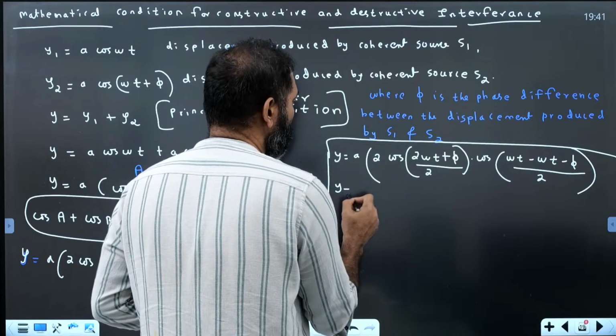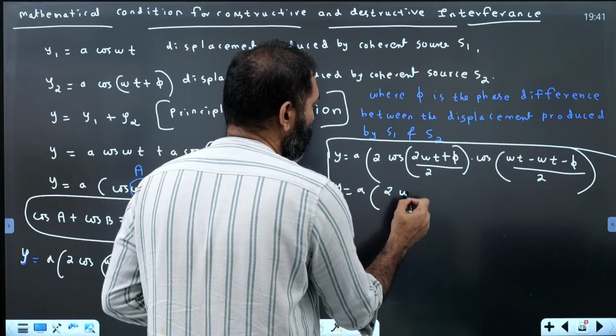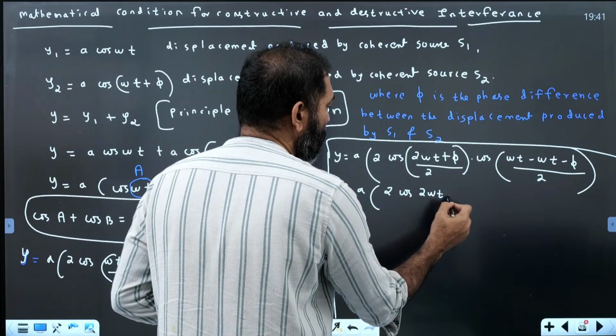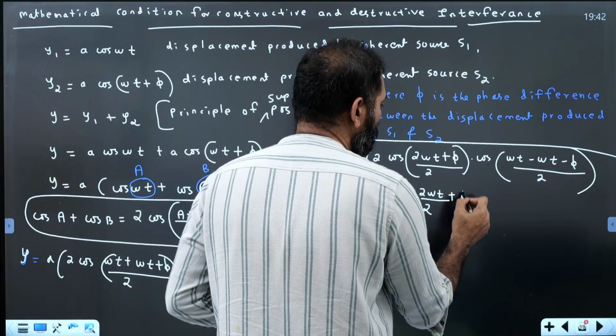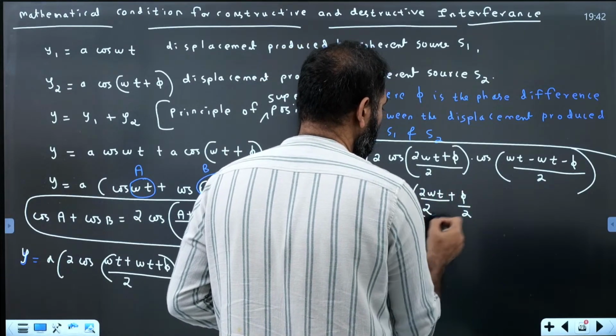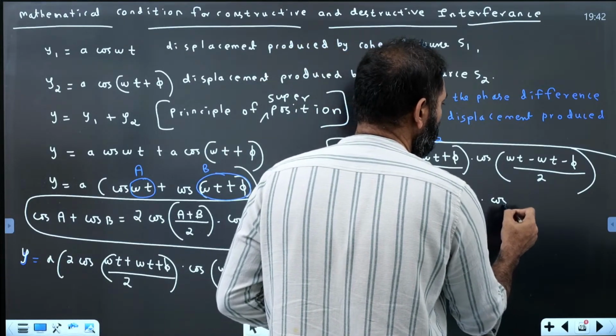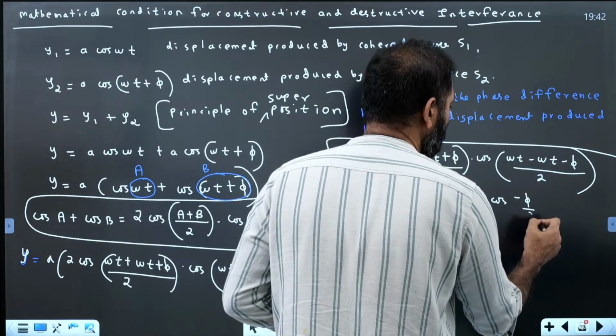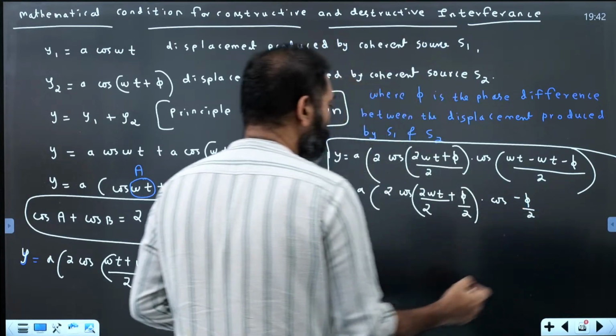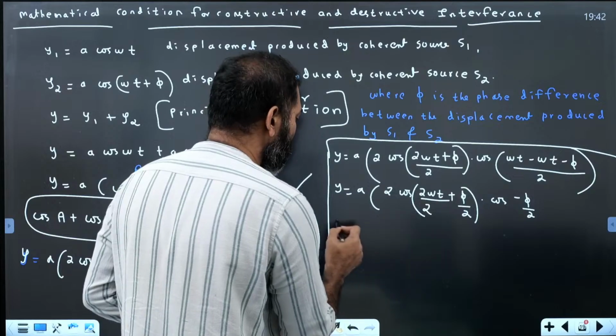So y is equal to A into 2 cos of (2 omega t by 2 plus phi by 2) into cos of minus phi by 2. Now we know that cos minus phi by 2 is cos phi by 2.